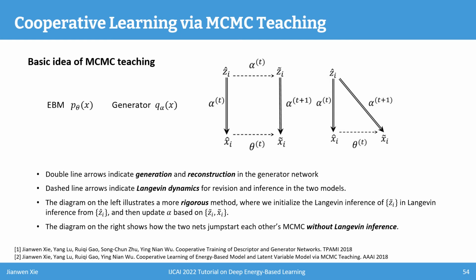The diagram on the left illustrates a more rigorous method, where we initialize the inference of Z tilde from Z hat, and then update the parameter alpha of the generator based on Z tilde and X tilde. The diagram on the right shows how the two models jumpstart each other's MCMC without Langevin inference.